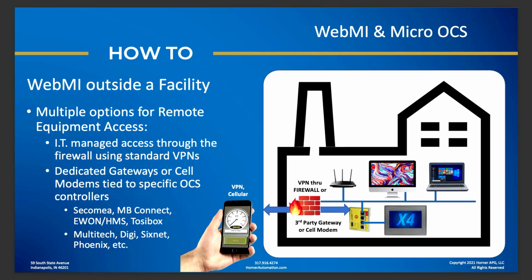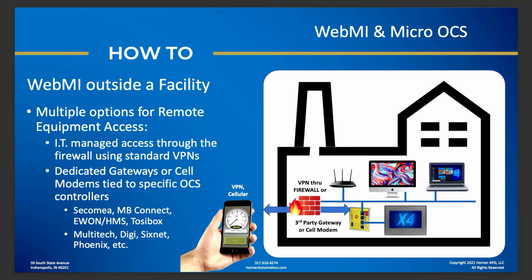So let's take a look at the most typical environment that has nothing to do with WebMI, and that is, let's say you've got an IT-managed VPN. Certain personnel have VPN or virtual private network access to the facility from their home or wherever they happen to be outside the facility.